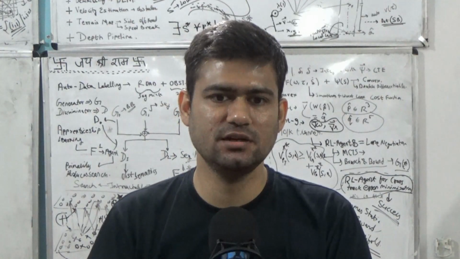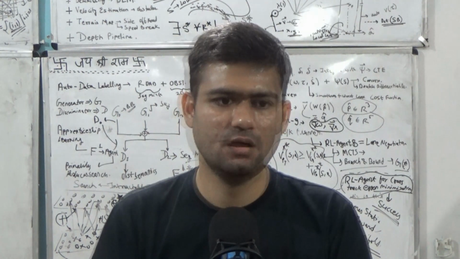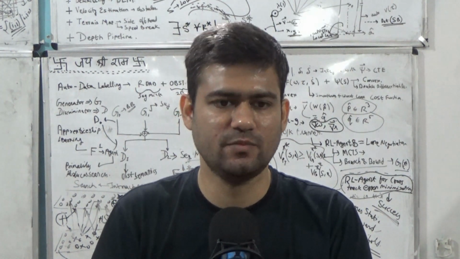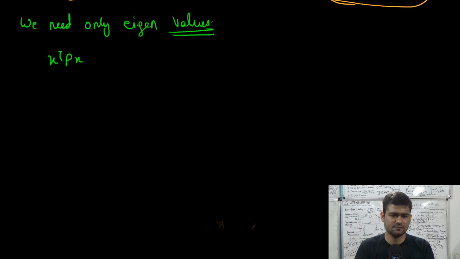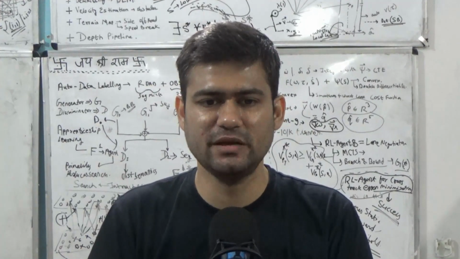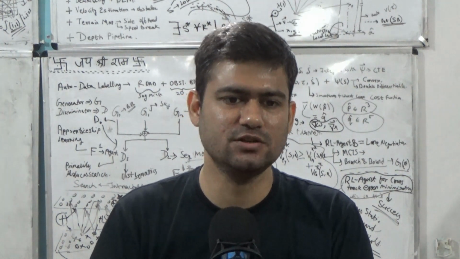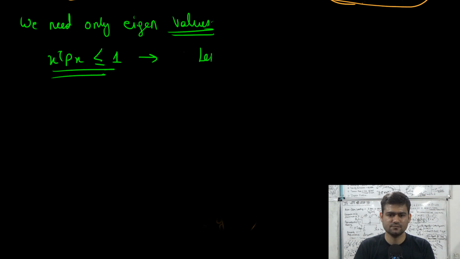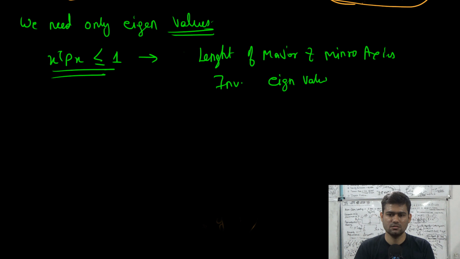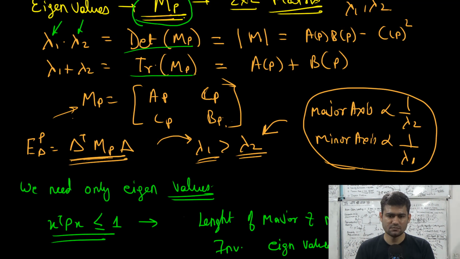From elementary linear algebra and matrix theory, we know that if an ellipse is characterized by the equation x transpose Px is less than or equal to 1, then the resulting ellipse's major and minor axes are inversely proportional to the eigenvalues of matrix P, as already discussed earlier.